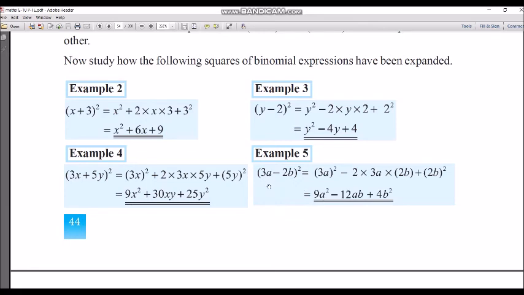And then 2 into the multiplication of the first and second terms, 2 into first term 3a, second term minus 2b. So the value is minus 12ab. And then the square of the second term, plus 4b squared.